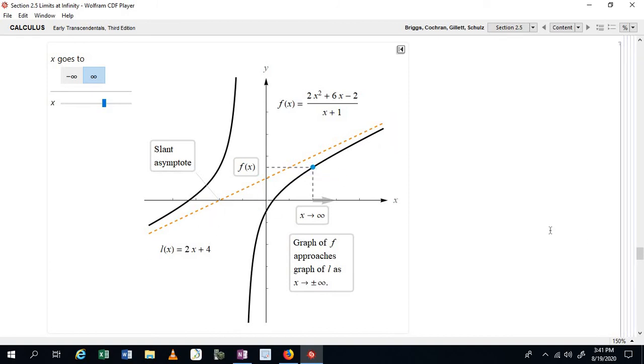So that's a more specific understanding of the end behavior for this function. Not only is this heading towards infinity as x goes to infinity, but it's heading towards infinity in the sense that it's approaching this slant asymptote at 2x plus 4. On both sides, right? On the left-hand side, this is heading towards minus infinity, but again, it's approaching this line, 2x plus 4, as it does that.